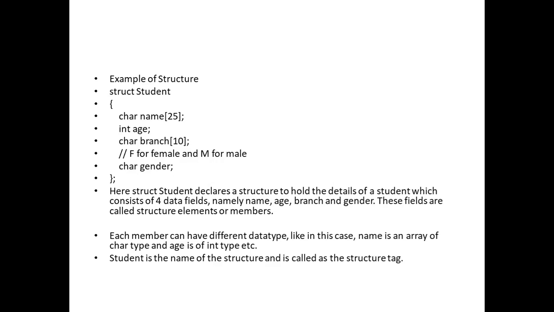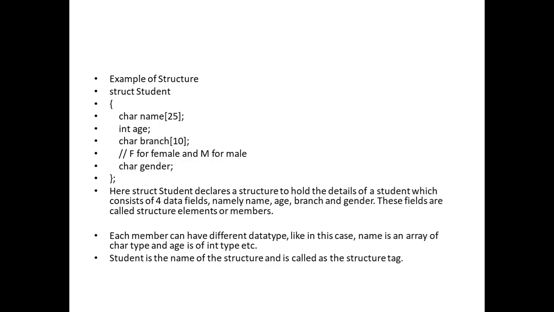Age is an integer value. Branch is also a character array. And gender, we are going to store either male or female, so we store only one character. That's why we declare a character variable.